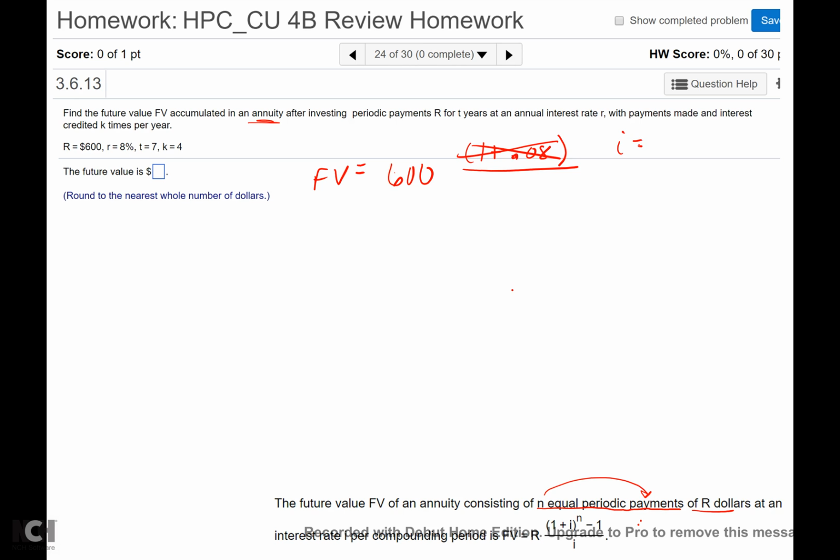We have to calculate our I and our N. And to get our I, we have to take our rate, which is 0.08, and divide it by how many times a year we are going to compound our interest, which is 4. So 0.08 divided by 4 gives 0.02. To calculate my N, I take my time, 7, times how many times a year, which is 28.